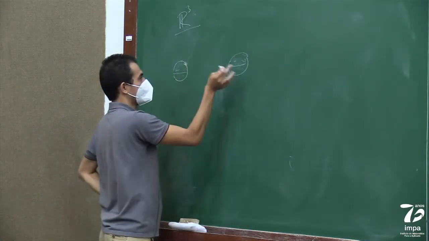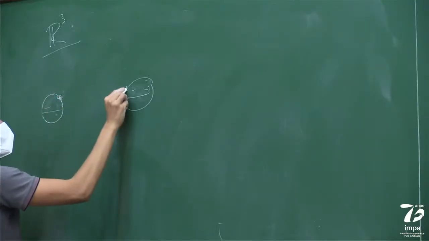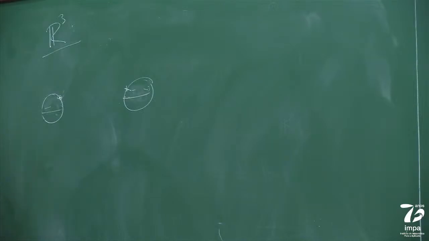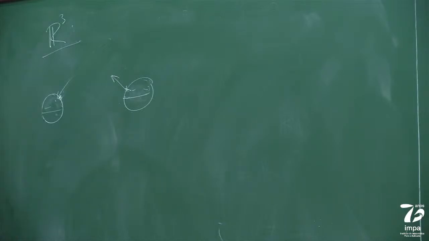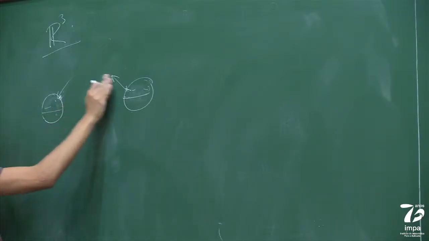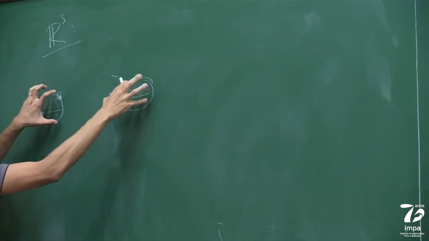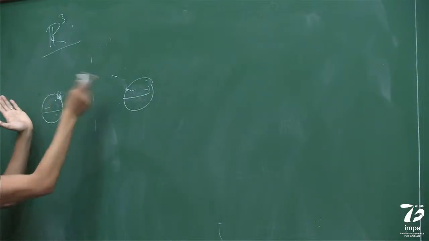Actually, if it's oriented, it's a reflection here. It has to be an orientation reversing map, because if you enter here, you have to come out this way. So basically you can think of identifying these two with some kind of reflection map.